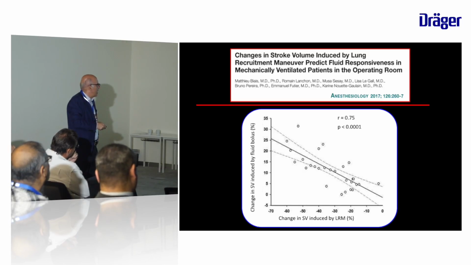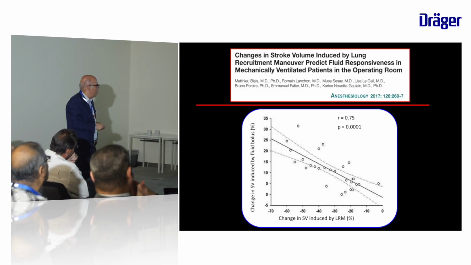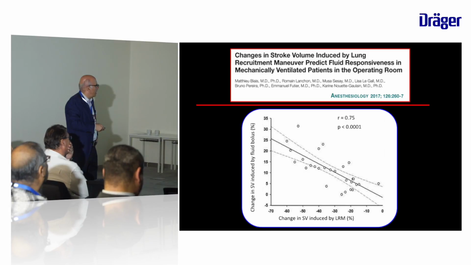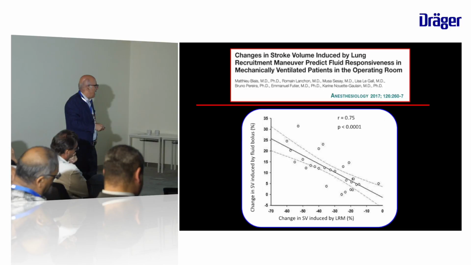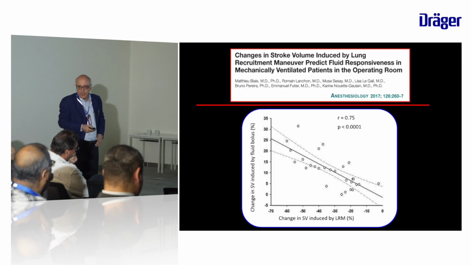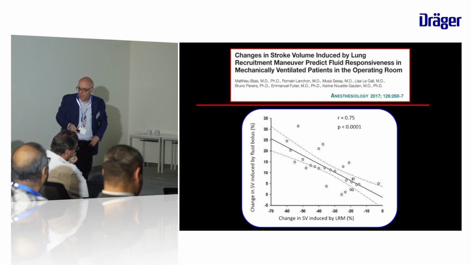So this is the change induced by the recruitment maneuver in stroke volume, and the change induced by fluid bolus. And you see that when you have a change in the stroke volume during the recruitment maneuver, the higher the reduction, the higher the responsiveness. So it's the use of a recruitment maneuver to predict fluid responsiveness.